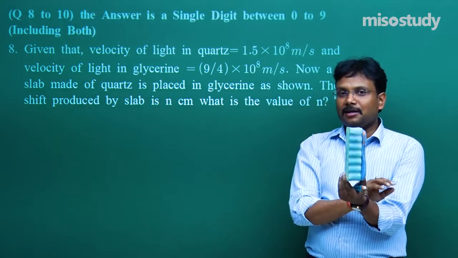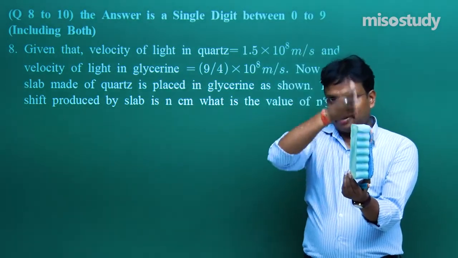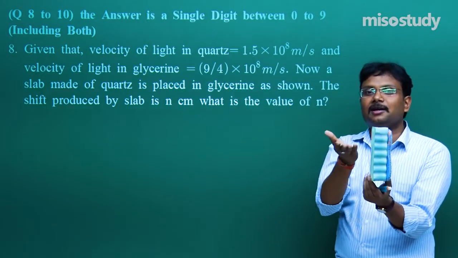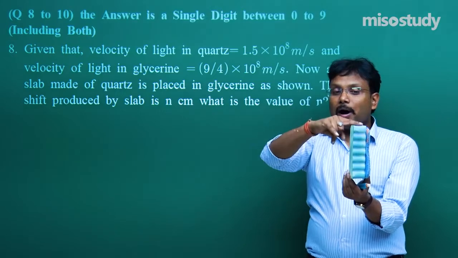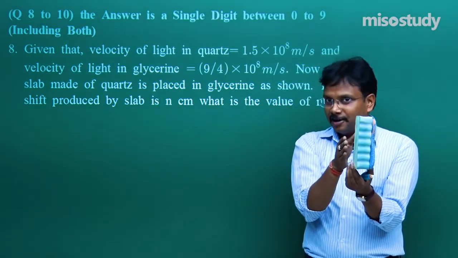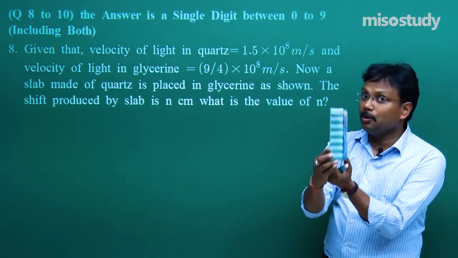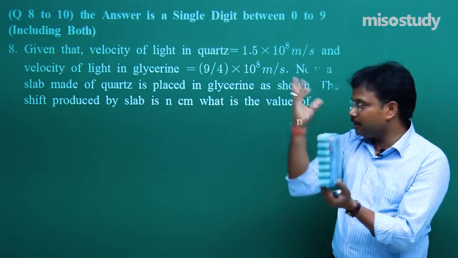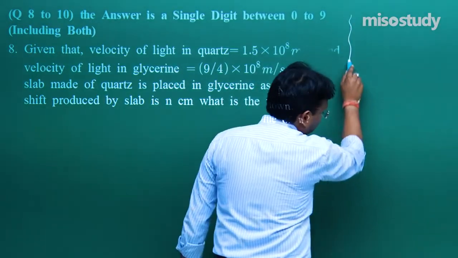So obviously there are three velocities, one in free space, one inside the quartz and one in glycerine. One more thing, quartz-air interface, quartz-glycerine interface. Fine. So with this assumption, with this representation, let me draw a basic diagram over here.